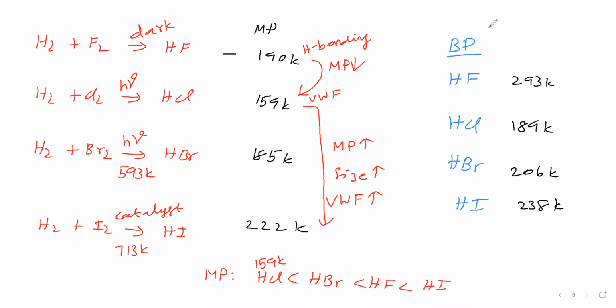So what is the order of boiling point? From HCl to HI, boiling point increases because van der Waals force increases. From HF to HCl, boiling point decreases because in HF hydrogen bonding is possible, in HCl van der Waals force is possible. That's why. Then we'll see the bond length.